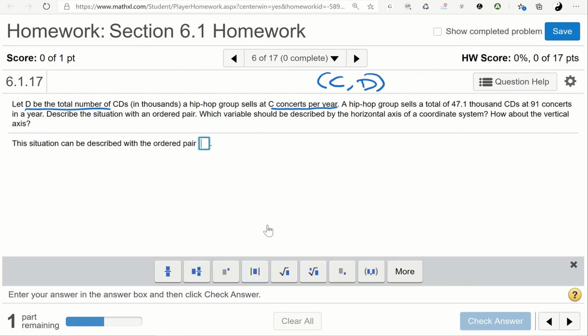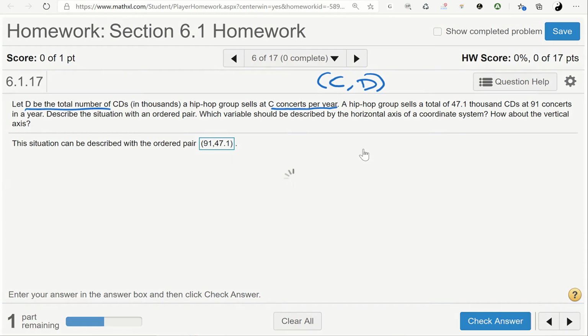So we'll go ahead and type it in. C is 91 concerts, comma, 47.1 thousand CDs were sold. So we will go ahead and put that in. Excuse me, we had an alarm going off here. Okay, so 47.1, we'll go ahead and close that, and that should take care of that part for us.